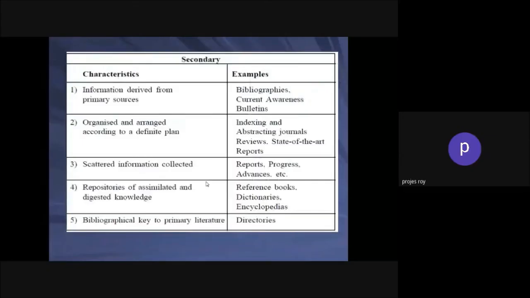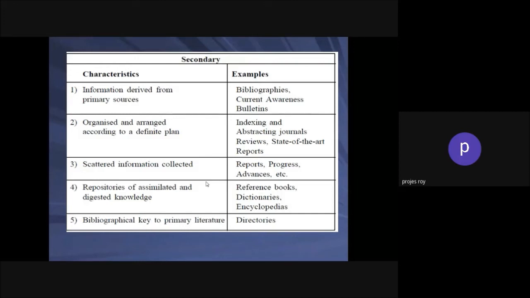In the secondary sources of information, the characteristic is information provided from primary sources. Exactly, the secondary sources are based on the primary sources of information. Here are bibliographies, current awareness bulletins, organized and arranged according to a definite plan, indexing and abstracting journals. Reviews, state of the art reports, scattered information collected, progress reports, advances.